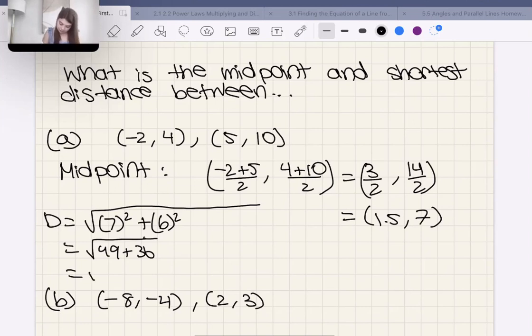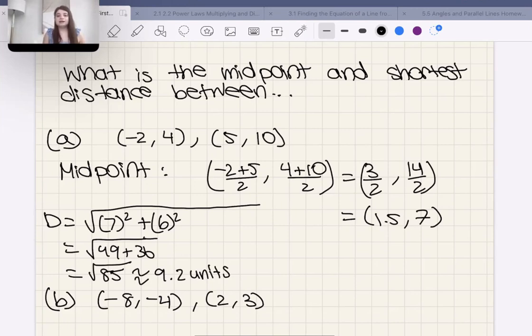That's going to be root 85, which is approximately 9.2. So that's about 9.2 units. And there we have it.